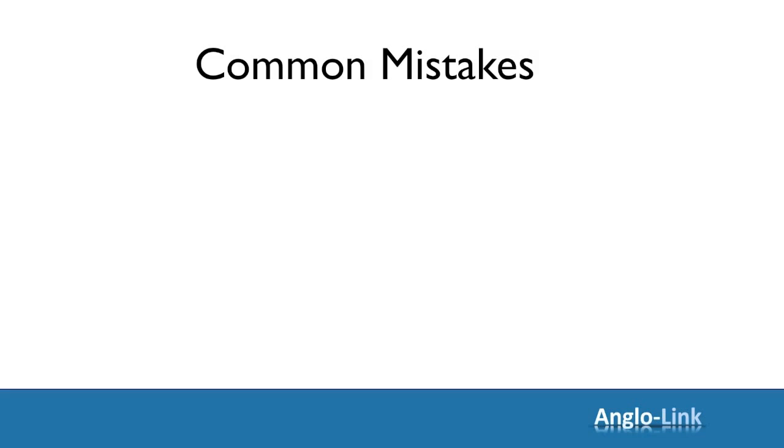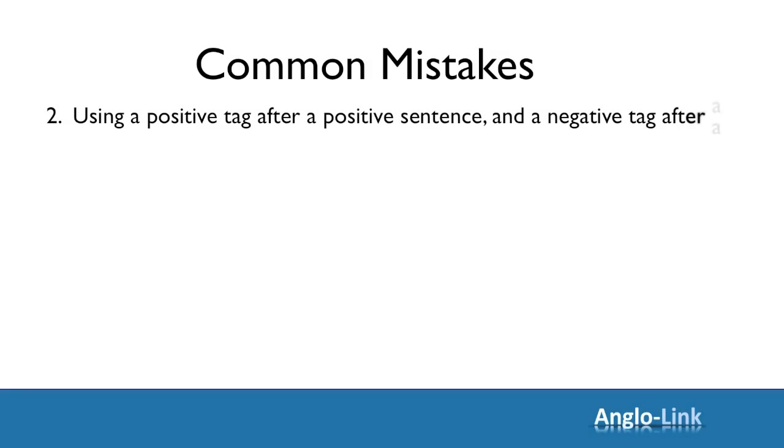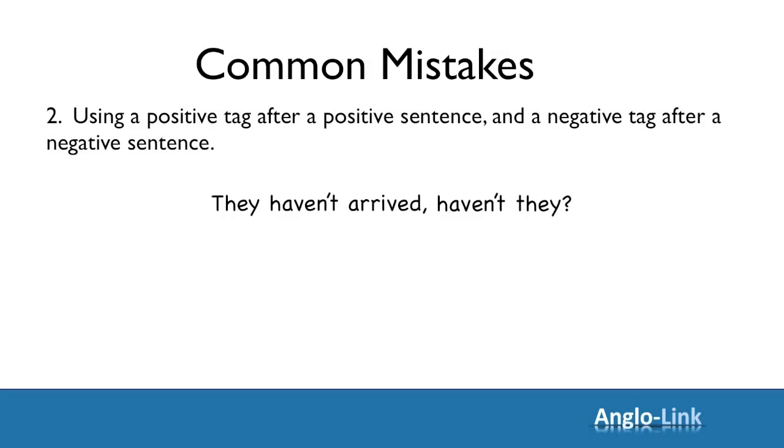Another common mistake is using a positive tag after a positive sentence and a negative tag after a negative sentence. For example, they haven't arrived, haven't they? As you have now learned, because the sentence is negative, the tag has to be positive. They haven't arrived, have they? Or, we never go out, don't we?